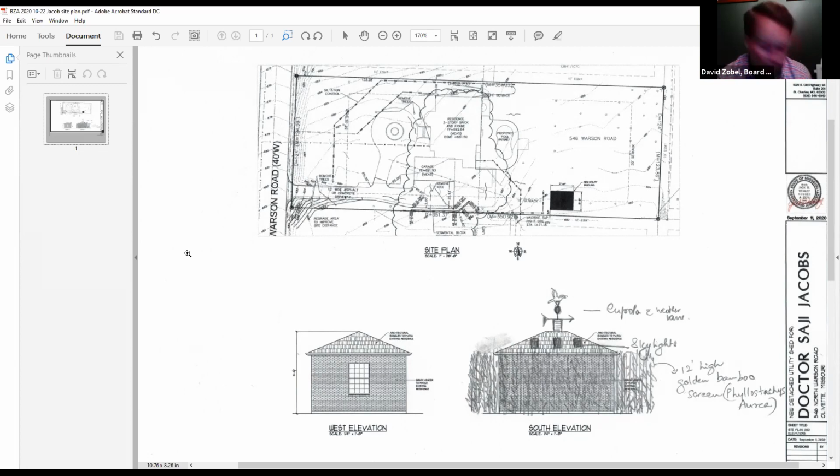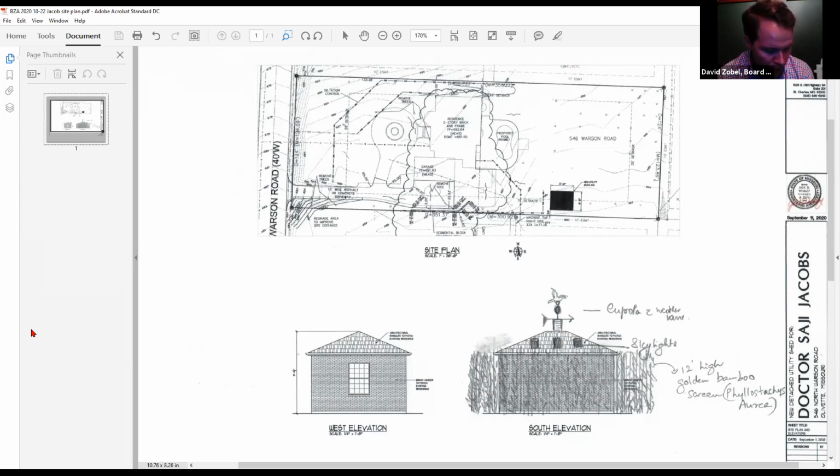Okay, thank you. Next question I have is, I believe the neighbors expressed a concern about the sight lines. I will acknowledge that, and I'm not a botanist, at least not professionally, but it looks like we have some large arborvitaes that exist on the neighbor's property.